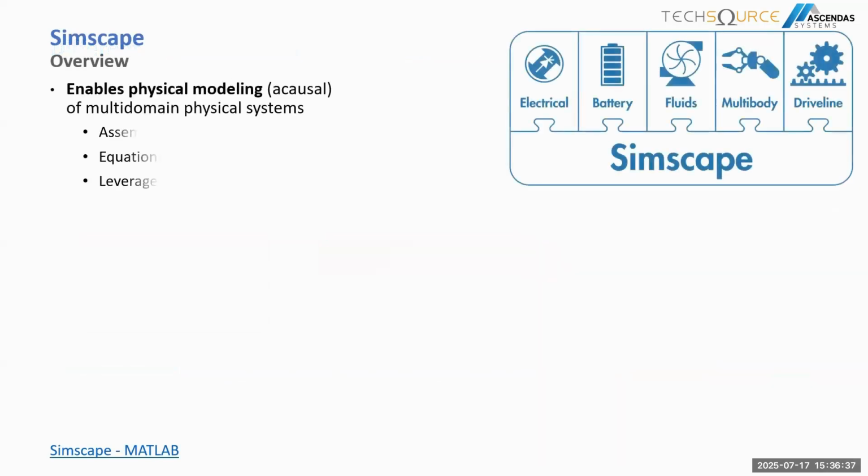Let me give you a little overview of how Simscape helps us rapidly create physical models within the Simulink environment. With Simscape, you can build physical models based on physical connections that are directly integrated within the blocks. Simscape has these building blocks, which I can show you later on, that follow a model paradigm. When you model a system, for example an electric motor, you don't use the equations themselves.